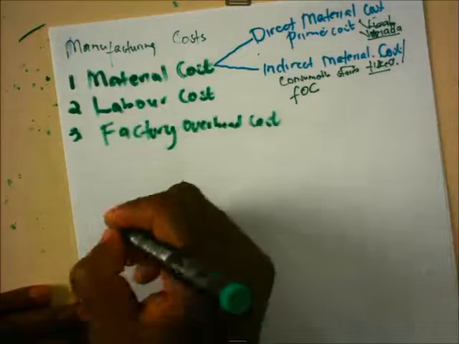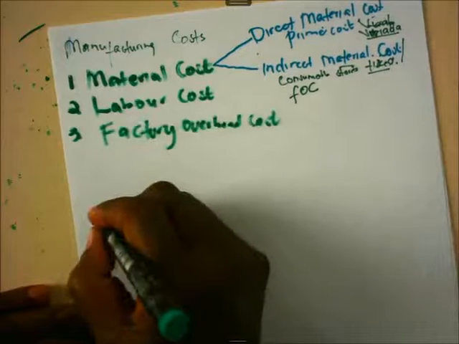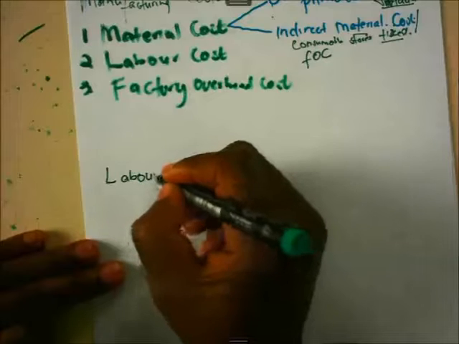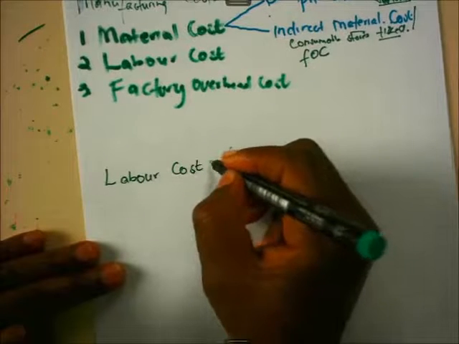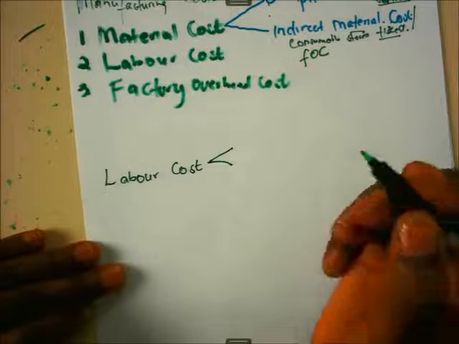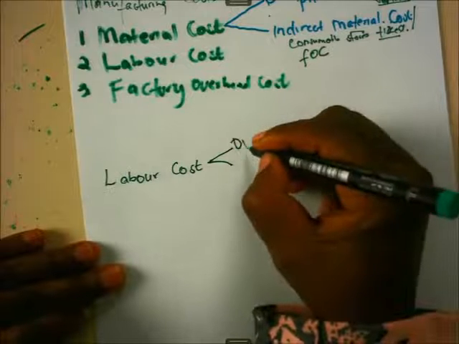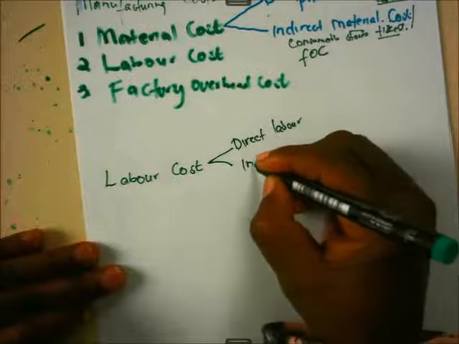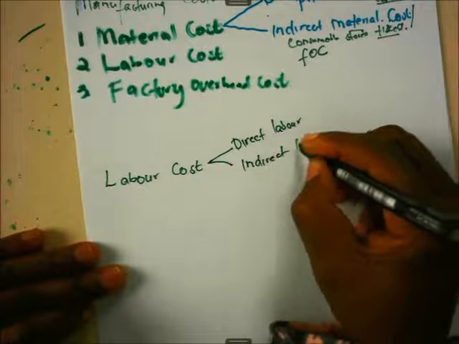Now let's move to another cost under manufacturing, which is the labor cost. It is also subdivided into 2, the direct labor and indirect labor cost.